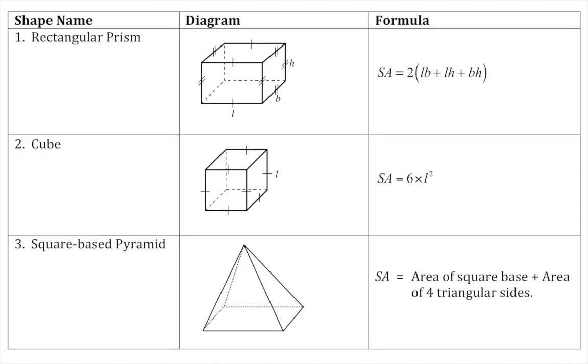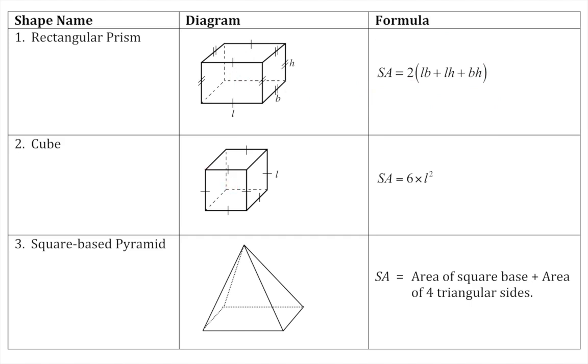Now here are some of the formulas that you're going to need to understand for this particular surface area unit. Rectangular prism, a bit like a shoebox. This is the fastest way you can find the surface area. You could break it up into 6 rectangles and find the area of all 6 sides and add them together, or you can use this formula, and we'll see an example where I do it both ways soon.